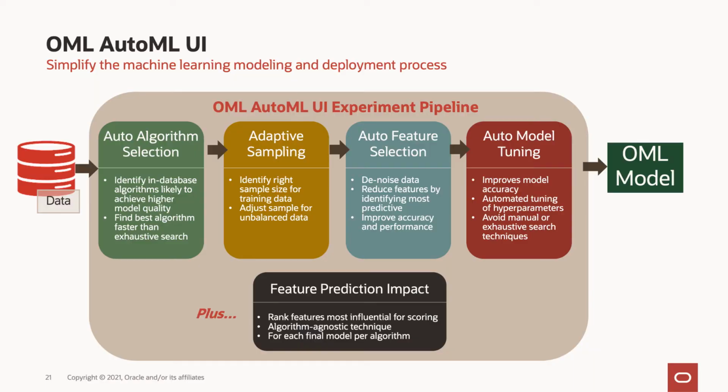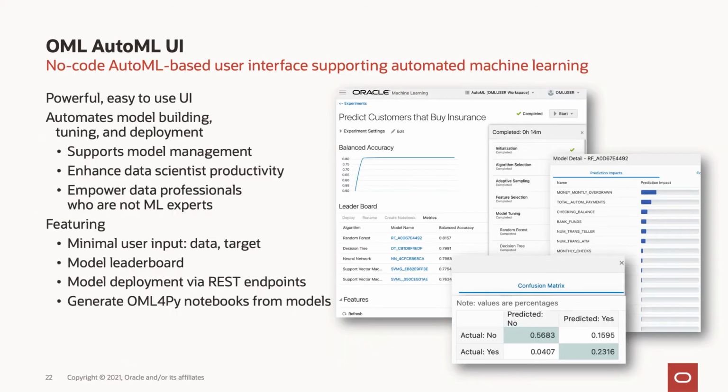The specific component on AutoML UI allows you to do automated algorithm selection, adaptive sampling, automated feature selection, and automated model tuning. So these 4 components are executed by the UI without any user intervention. You only enter basic settings, and then at the end comes a model. And that model is the best model possible with that amount of time that you gave it to run.